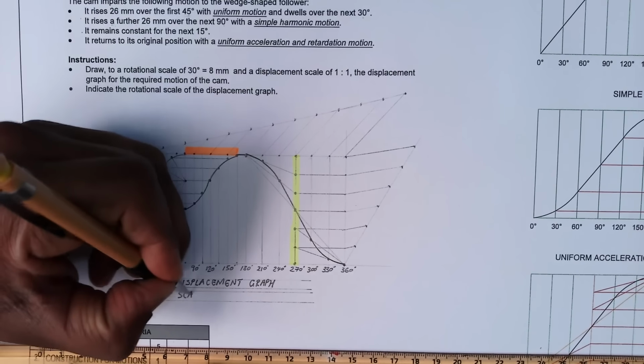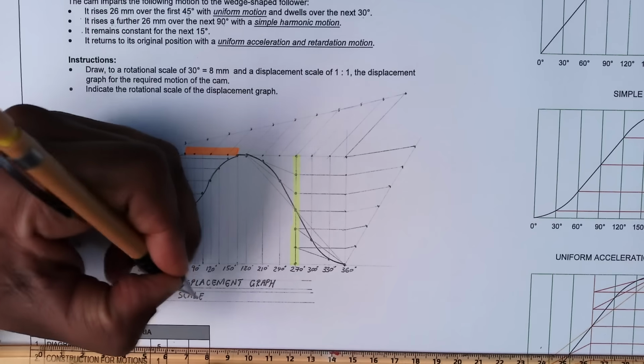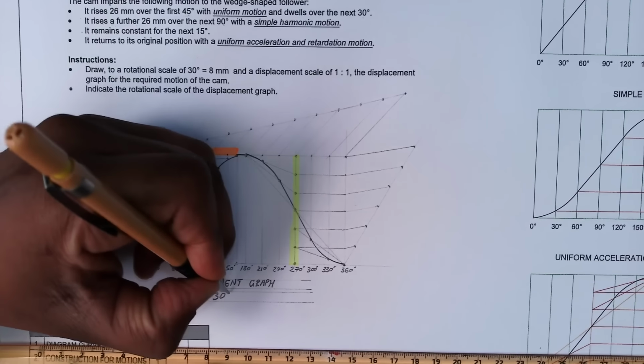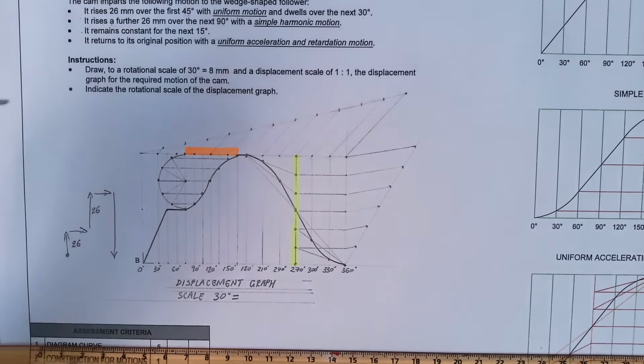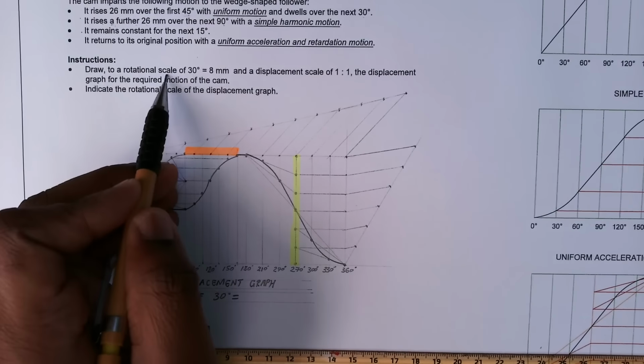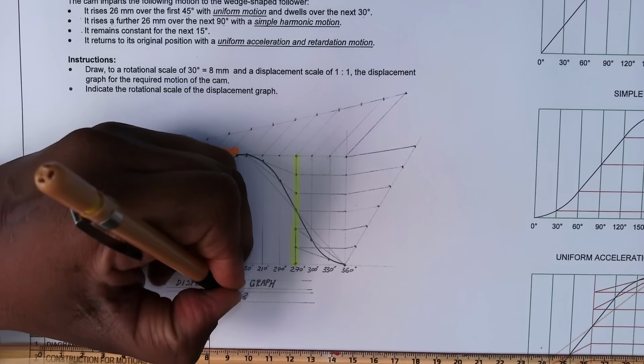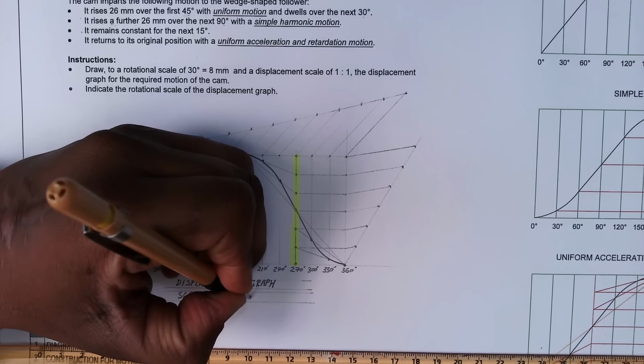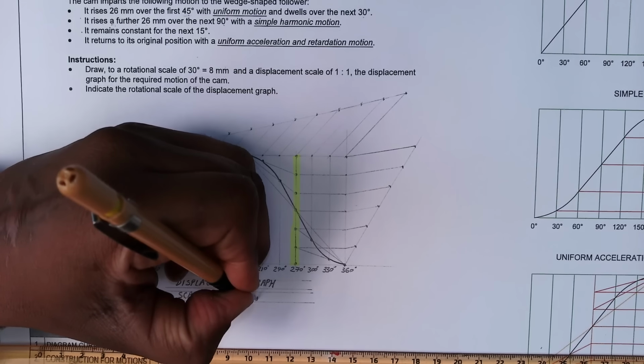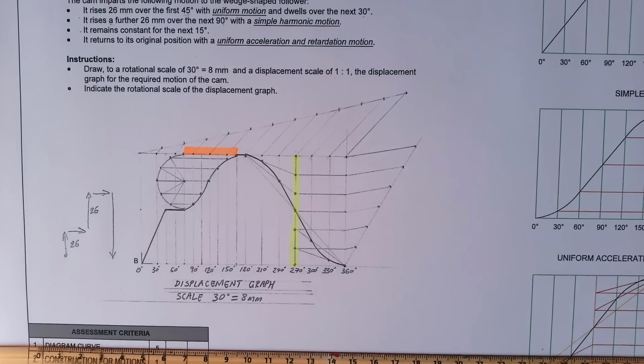So scale is 30 degrees equals to, remember we are given the scale there, it's equals to 8 millimeters, and then the millimeters can be in small letters. All right, just like that. So this is the complete diagram.